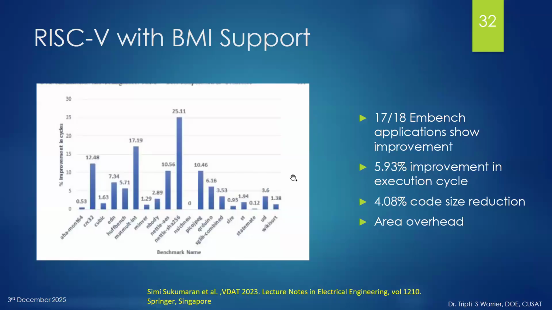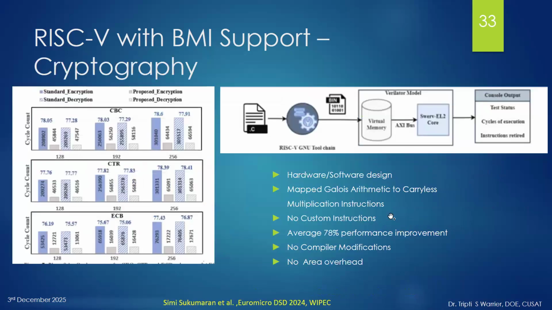We emulated it in FPGA, and we were able to see similar performance there also. We have an area overhead, but that area overhead corresponds to implementing it on a core that already exists.